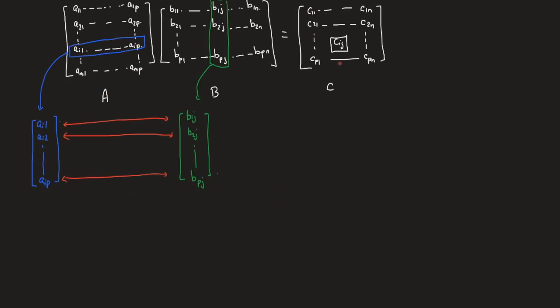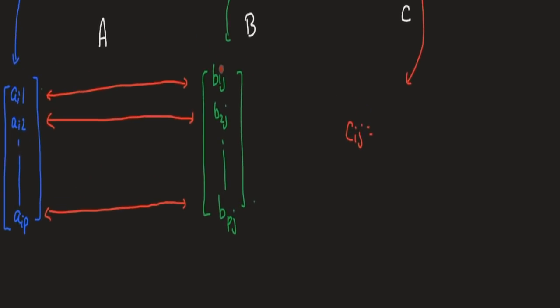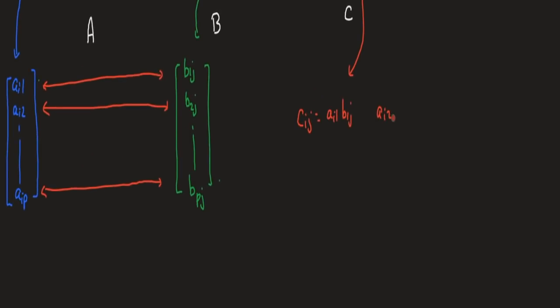So Cij is obtained simply by multiplying ai1 with b1j, ai2 with b2j, down till aip with bpj, then adding them all up. Okay?